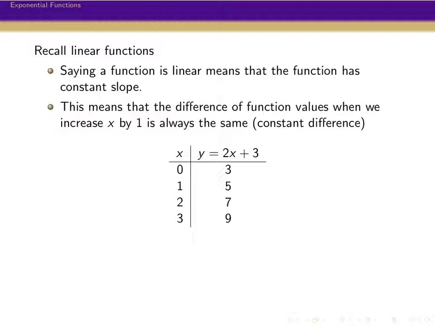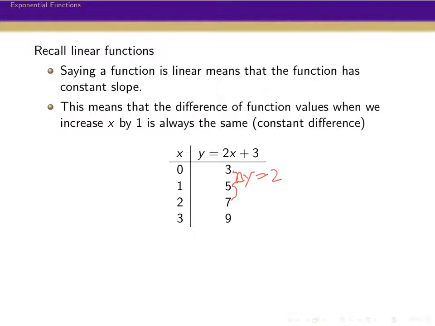Okay, and so here's a table of values for a linear function. As you go from (0, 3) to (1, 5), what's the difference in the y values? Really this should be delta y is equal to 2.